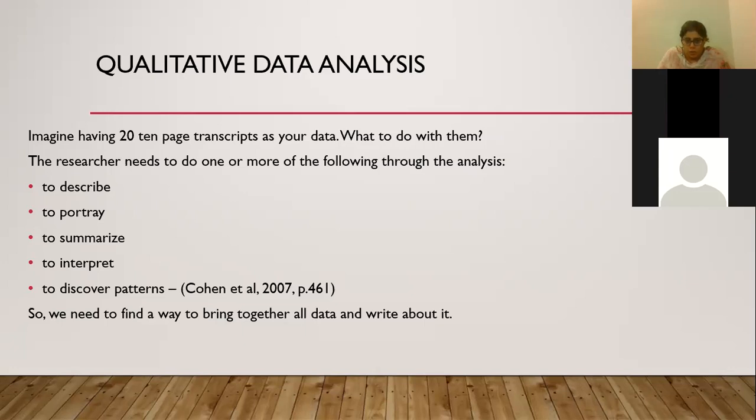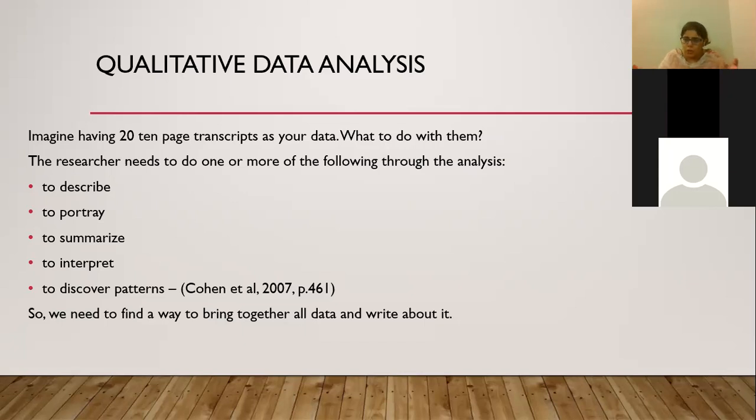You need to do one or more of the following, according to Cohen. You could either describe it, or you could portray it, summarize, interpret, or you could discover patterns. Okay. So we need to find a way to bring together all the data and to be able to write about it, right?